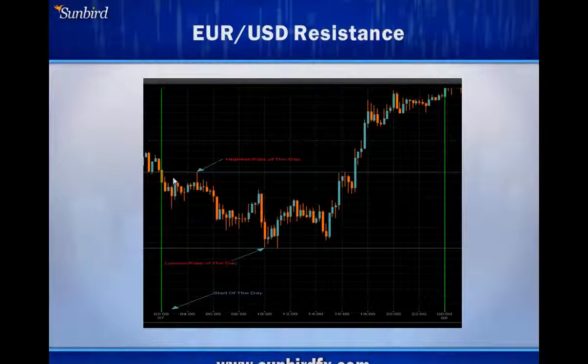So here, I saw that I have my highest rate right here, which is my resistance, and I have my lowest rate, which is my support. Remember that I'm at 12 p.m. What exactly happens? I'm telling myself, if it breaks through the resistance, meaning that if it goes above the highest rate, I want to go long. Automatically, this is the strategy.